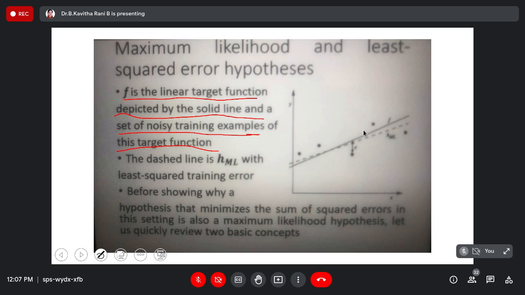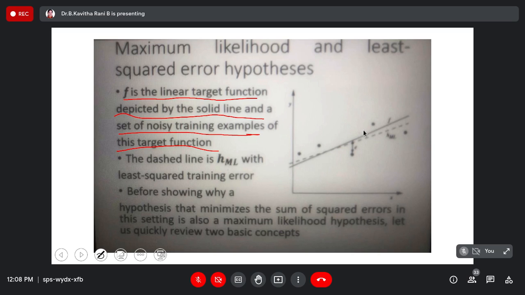After many iterations, after doing much process with the model, we are getting this particular hypothesis. The dotted line which you are getting is called the maximum likelihood hypothesis with least squared training error.